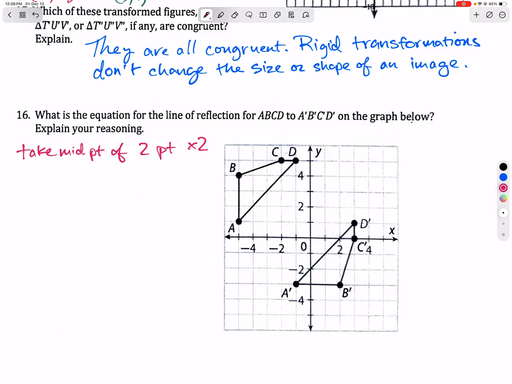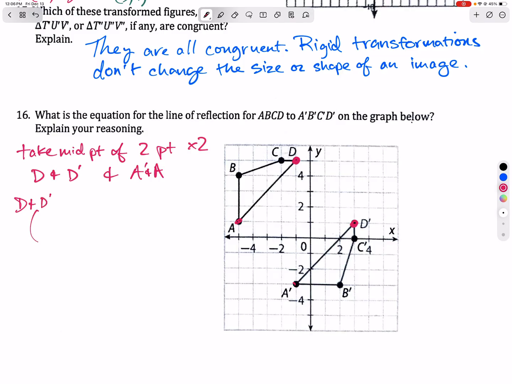All right, what does that mean? We're going to take the midpoint between D and D prime. And then we need to do A and A prime. Let's get that first. Okay, so I'm going to look at the D and D prime. Midpoint.